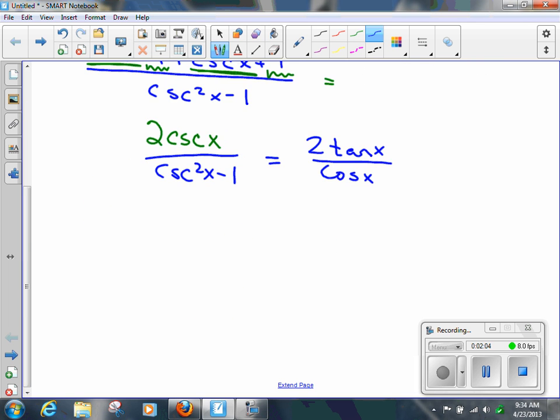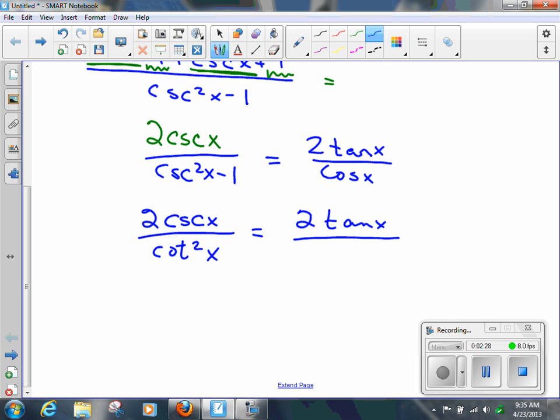Now, there has got to be some way I can make those match. And if you look at your card, I'm thinking cosecant x minus 1. It's got to be on my card, and it is. It's cotangent squared x. So then I say, all right, well, that's not getting me to this.